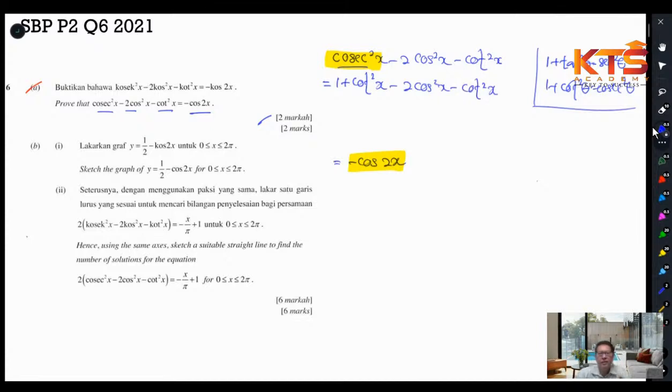So that's the formula I know. So that is the first step. Do I want to replace the cotangent again? No. Why? Because I can see that cotangent minus cotangent I can cancel off already. So I am one step closer to the answer.